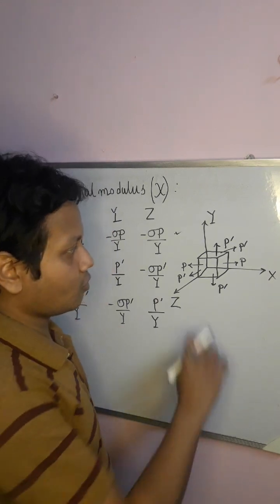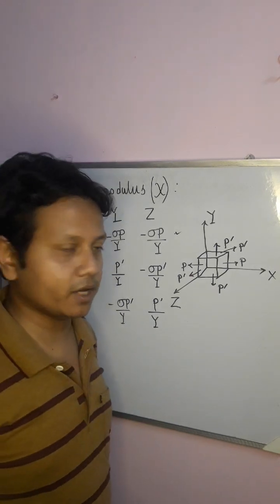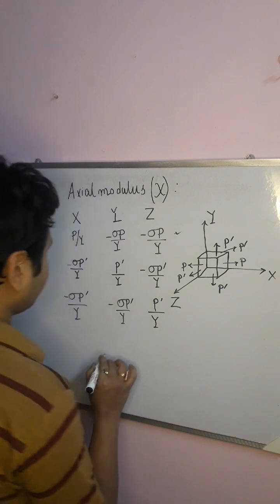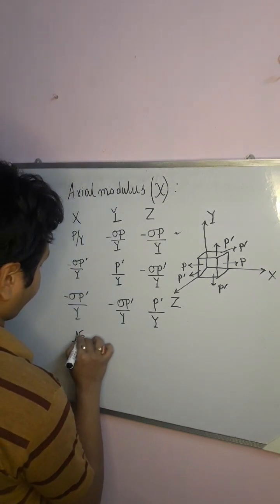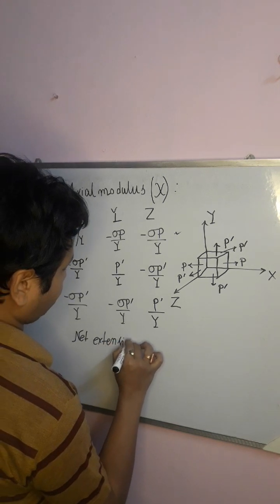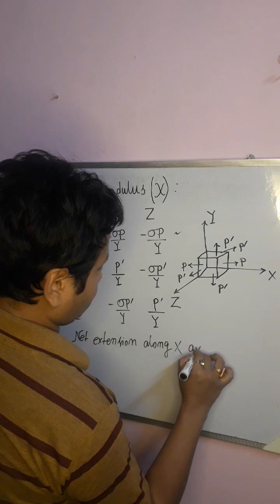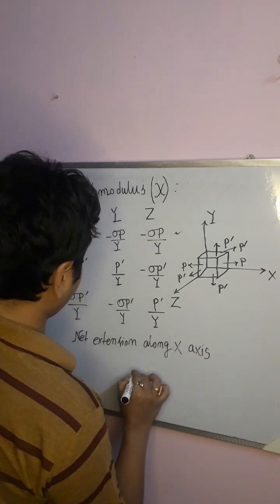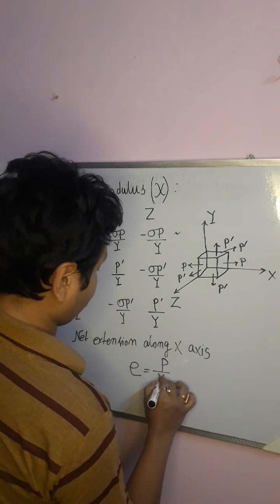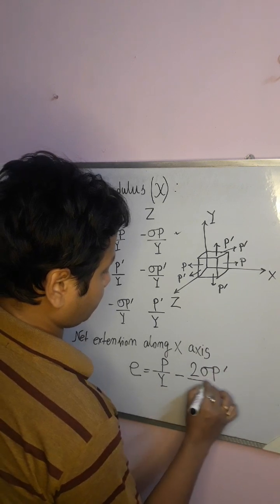This is the result of these different forces acting along the three sides. Now what will be the net extension along the x-axis? Let us name it E. This is P by Y minus 2 sigma P dash by Y.